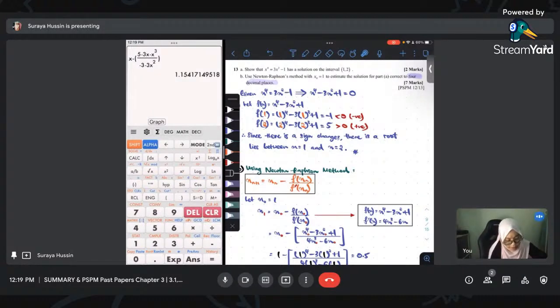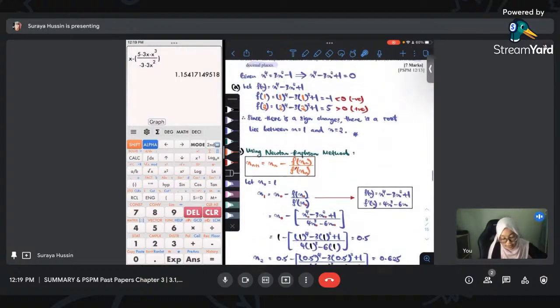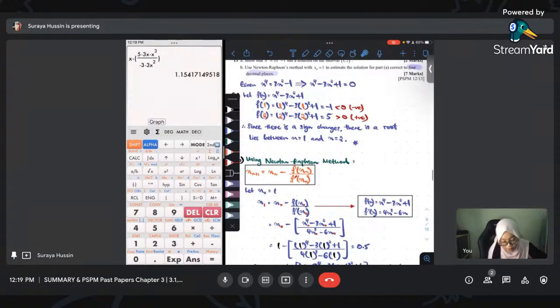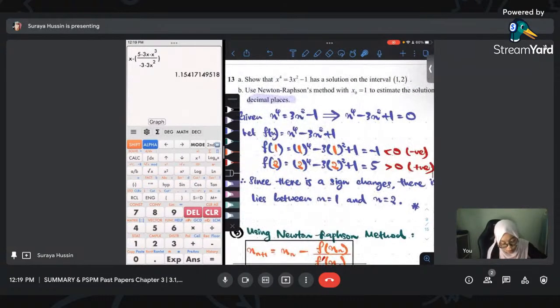Actually, saya dah penat nak explain satu demi satu, and you all can just have a look here. This is my solution. Okay? I repeat again, you can also, selain daripada ini yang betul, you juga boleh tulis 3x squared minus 1 minus x to the power 4 equal to 0.